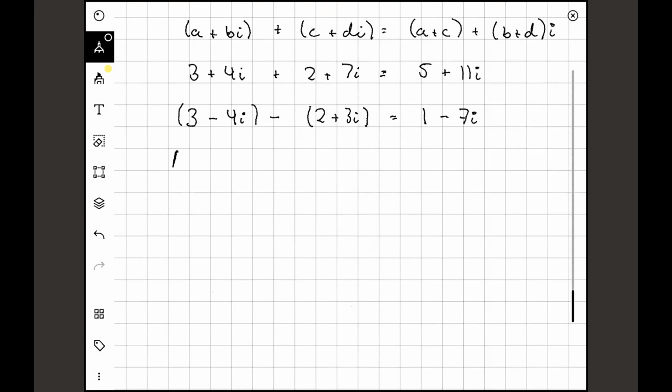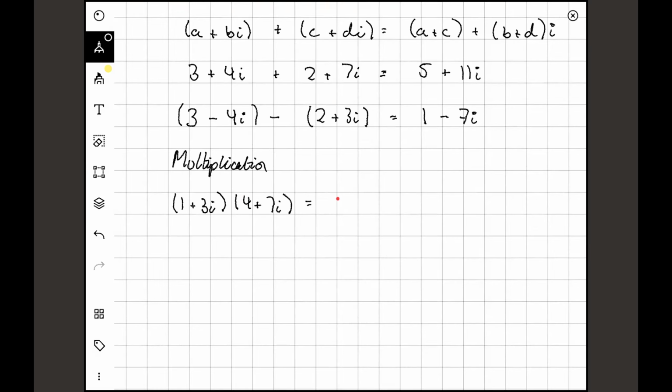Now we'll talk about multiplication. Multiplication works just like expanding brackets in high school. So, if we have 1 plus 3i and 4 plus 7i, and we multiply them together, we can multiply them out.